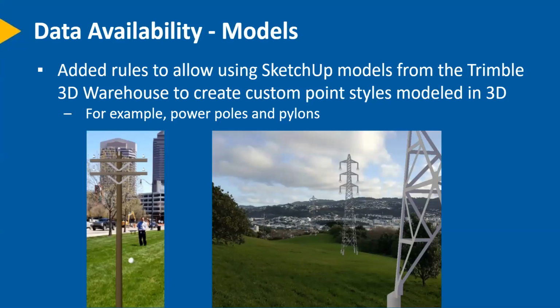Something like Trimble SiteVision can take a mapping between a feature type and a SketchUp model or a 3D model that's been created, whether it's in SketchUp or elsewhere, and then stored into what we call the 3D Warehouse. And anytime that feature shows up in the augmented reality view, it calls up that model and displays it. So you now have power poles or hydrants or manholes that look like manholes and fire hydrants and power poles to give added context to the augmented reality experience.